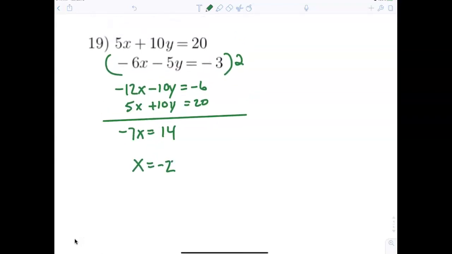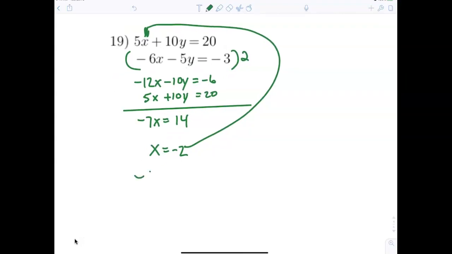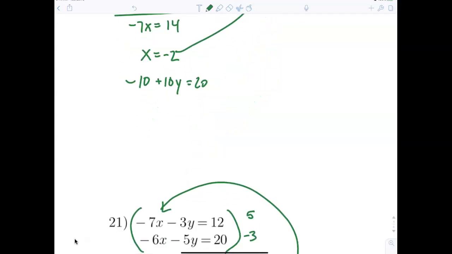And then I'm putting in negative 2 here, right? And so now I have negative 10 plus 10y equals 20. 10y equals 30. Y equals 3. So my answer is negative 2, 3. Everybody see that?